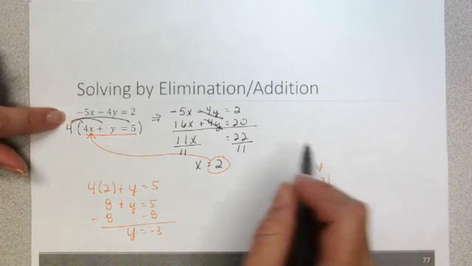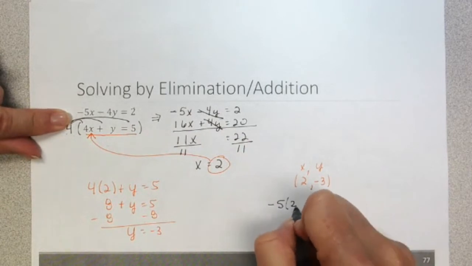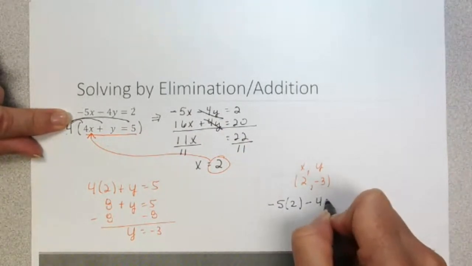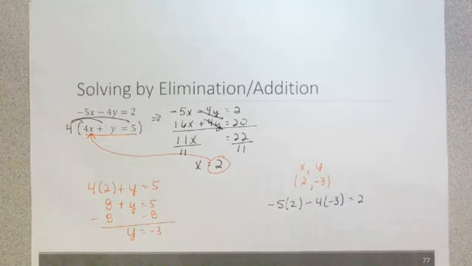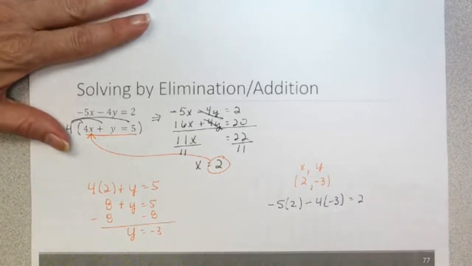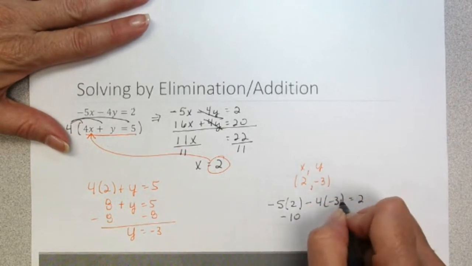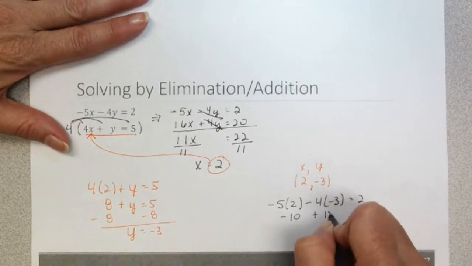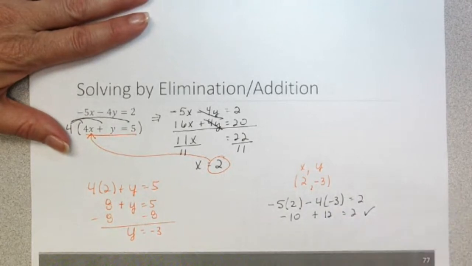Okay, if x is 2 and y is negative 3 for this first equation, then negative 5 times 2 minus 4 times negative 3 should equal 2. Well, negative 5 times 2 is negative 10. Negative 4 times negative 3 is positive 12, and negative 10 plus 12 is definitely 2, right?